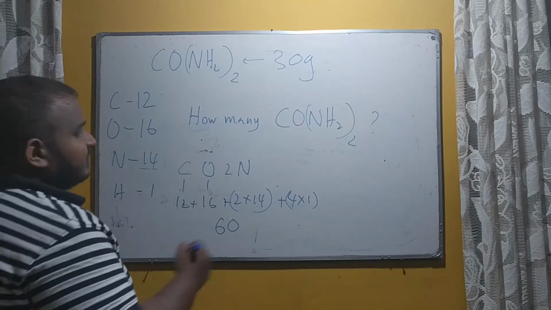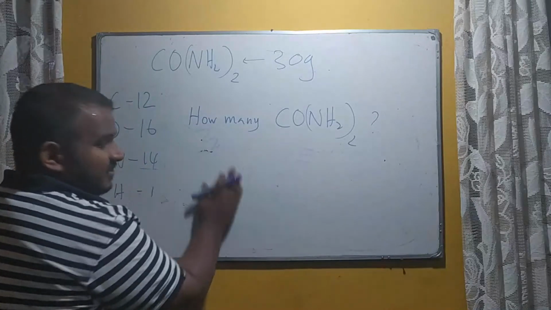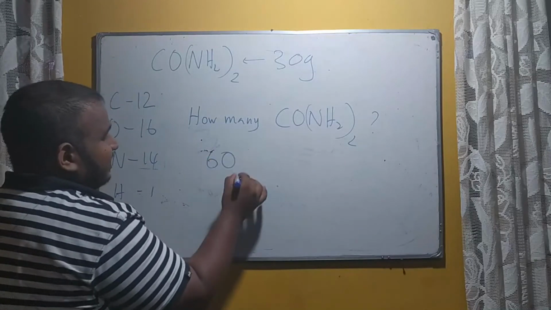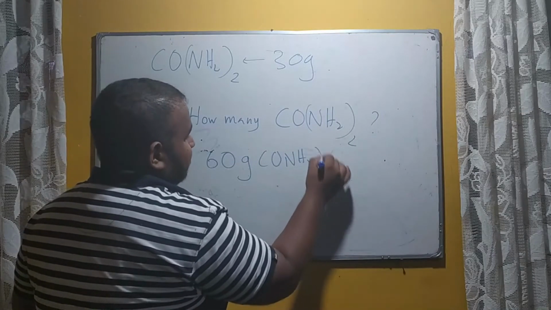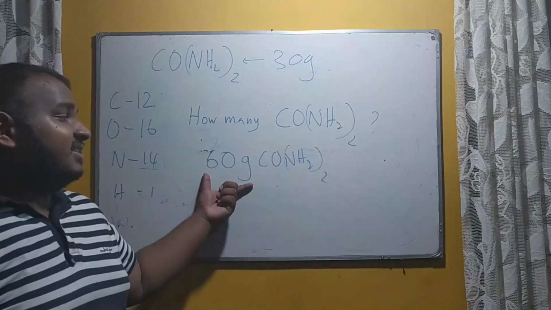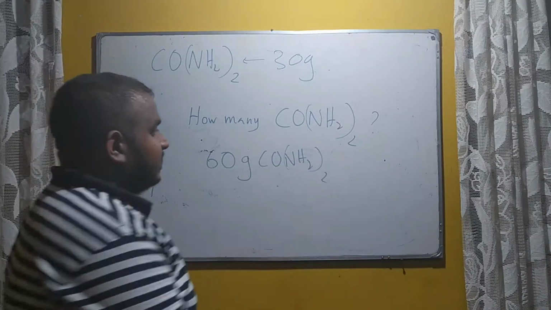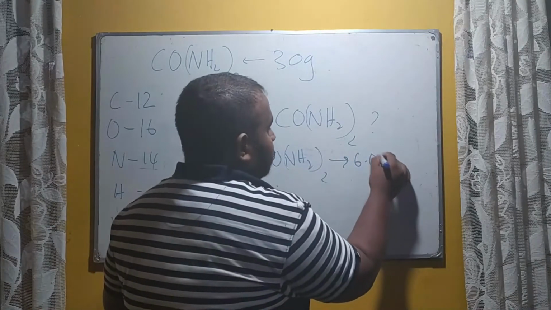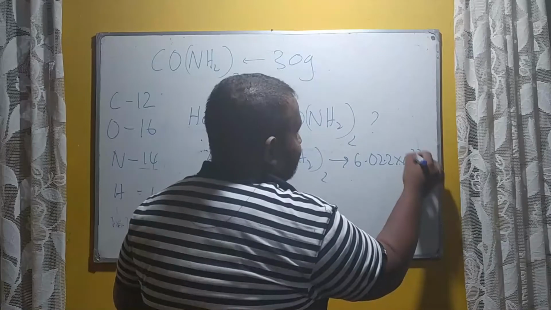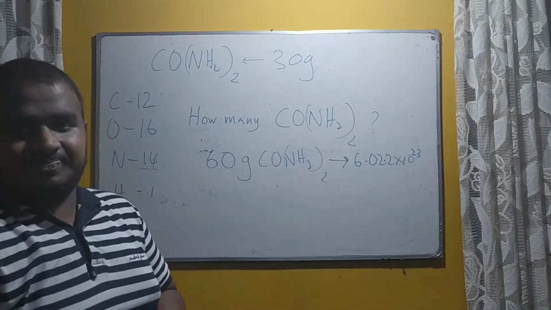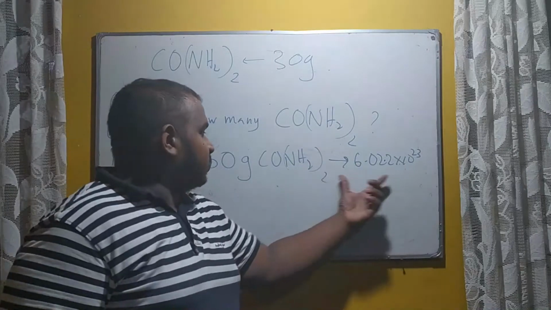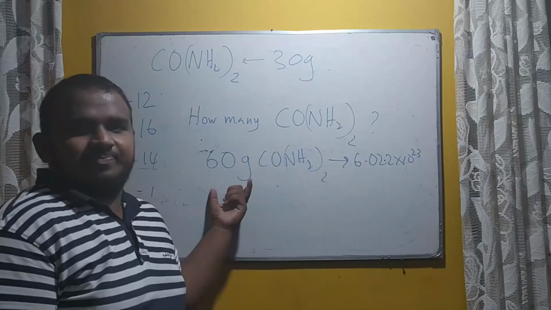So if there are 60 grams of urea, there will be 6.022 into 10 to the power of 23 urea compounds.